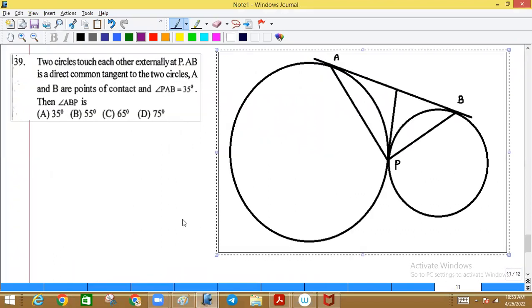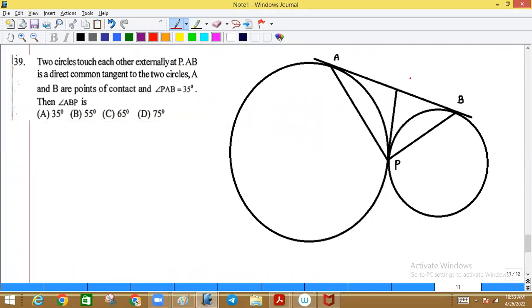Name this point. Can I take it as C? From point C, you are drawing two tangents to the larger circle and the smaller circle. Can I say the lengths of the two tangents are the same? Yes or no? The lengths of tangents are always the same. If the lengths of tangents are the same, what kind of triangle is it?